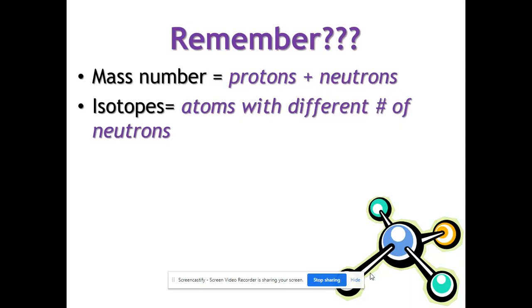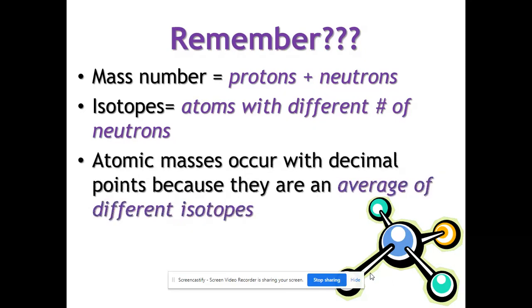These are still the same type of atom, but they have a different number of neutrons, either more or less than the main one. That will throw off your total mass because some atoms are heavier and some are lighter, and so you have to do an average of those. So atomic masses occur with decimal points because they're an average of those different isotopes.